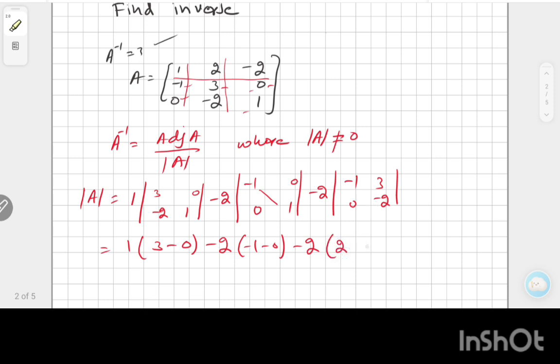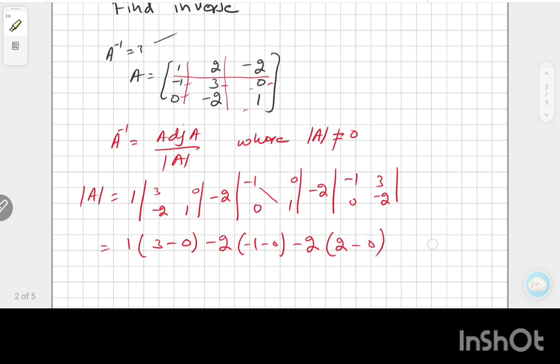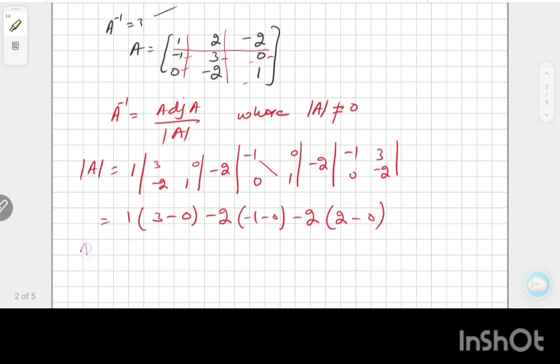We get minus 2, the positive 2, and 0 multiplied by 3 will be 0. So all these values give the answer 3 minus 2 into minus 1, minus 2 into 2. So 3, minus minus is plus, and plus 4.